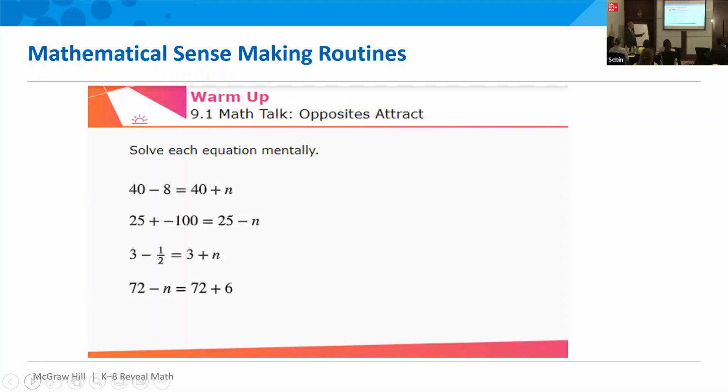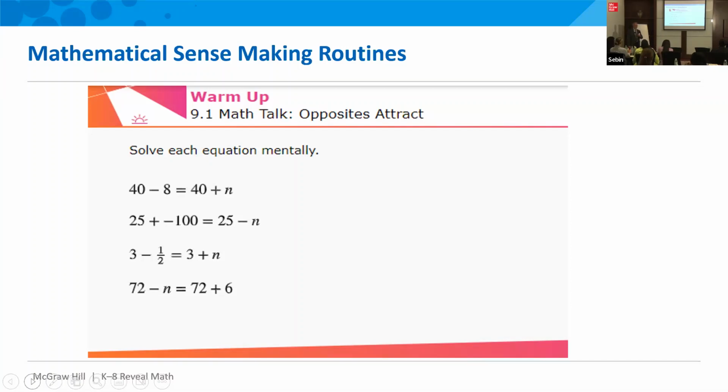Because I know, oh, 40, 40, if I take both of them away, then n is negative 8. The next one gets a little more difficult. It is 100. But for a lot of our students, if I remove the 25 and 25, that little negative symbol by the end, they struggle with that.